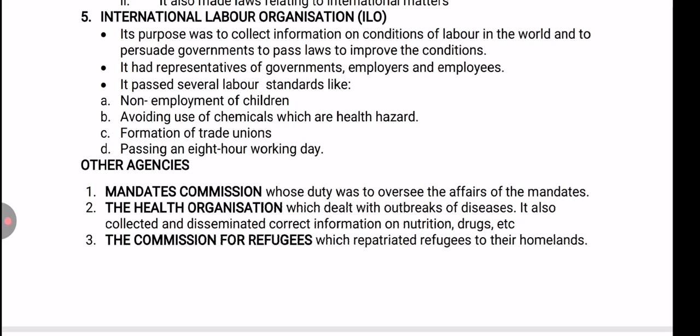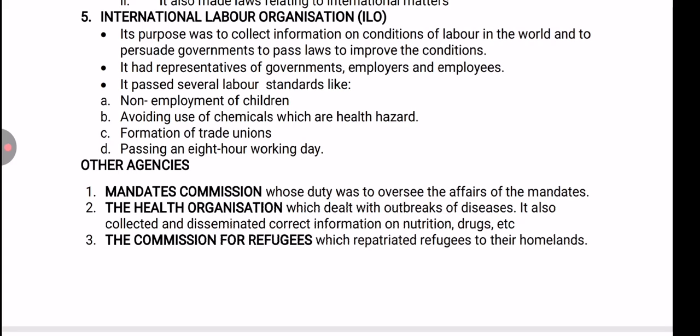For example, these are the labor standards it passed: non-employment of children, that is avoiding child labor, avoiding the use of chemicals which are a health hazard, formation of trade unions, and passing an 8-hour working day. That is what brought about people working not more than 8 hours.